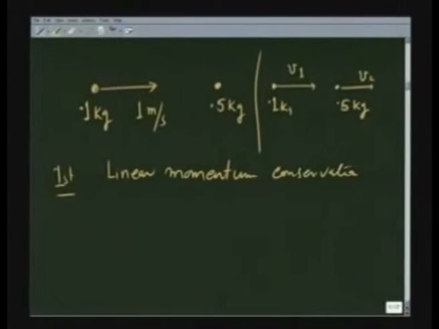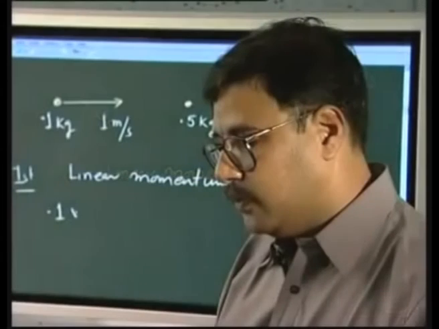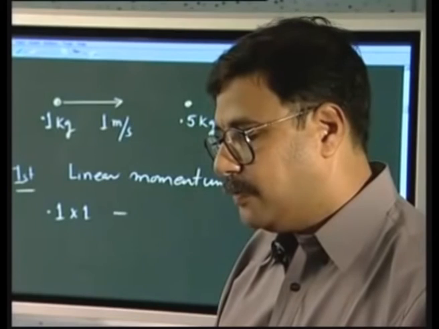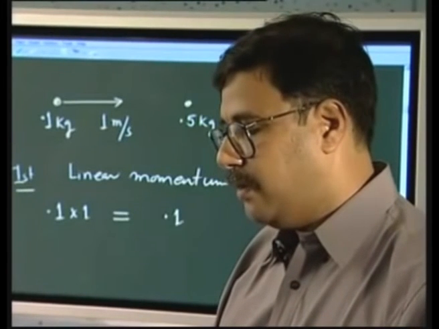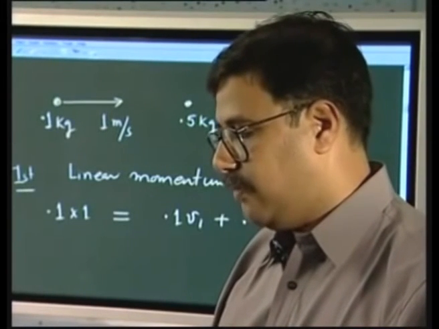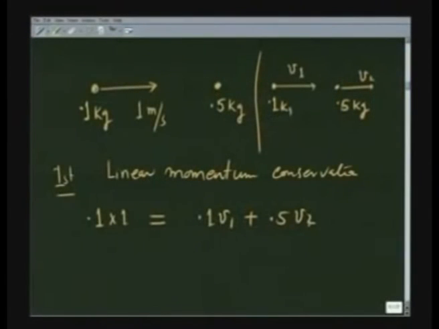Because there is no external force, these things are moving in a horizontal plane, therefore I must have 0.1 times 1, that is the initial momentum, must be equal to 0.1 v1 plus 0.5 v2. This is the momentum to start with. This particle has no velocity, so 0 momentum, and therefore I have 1 equals v1 plus 5 v2. That is my equation 1.